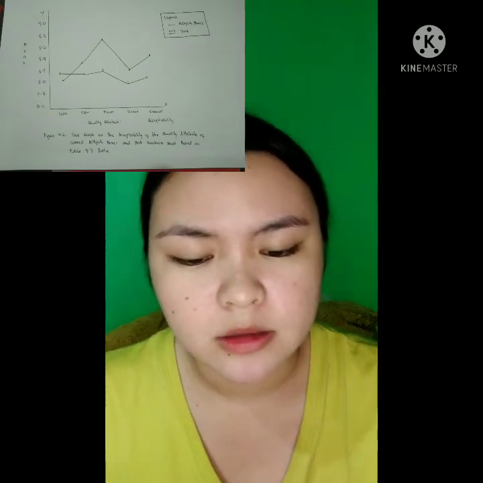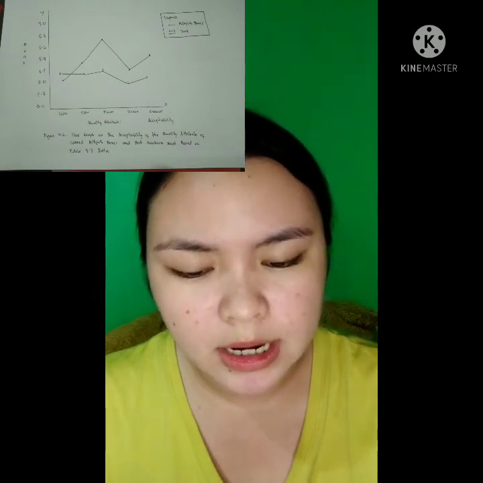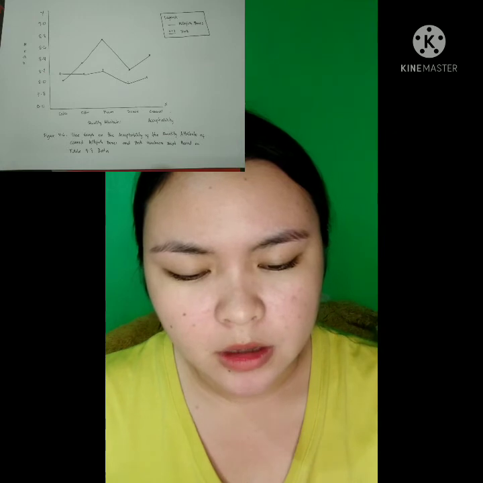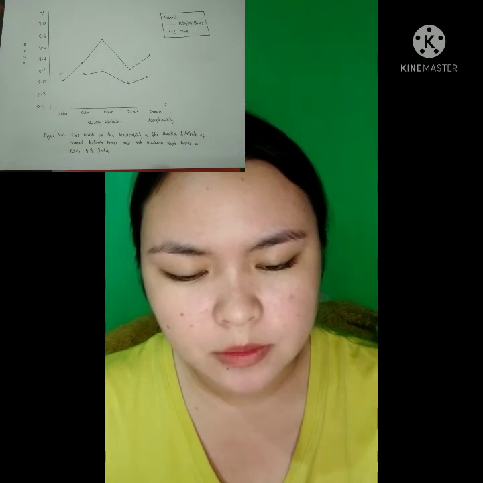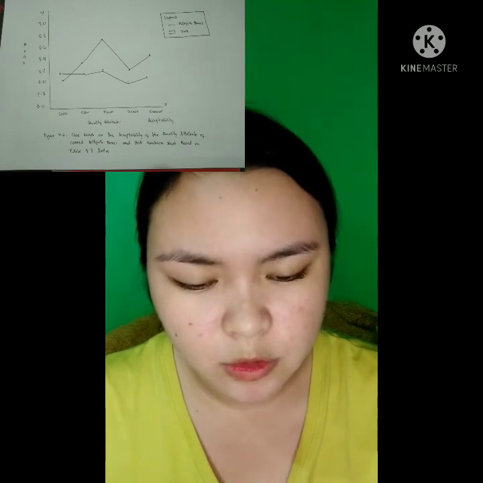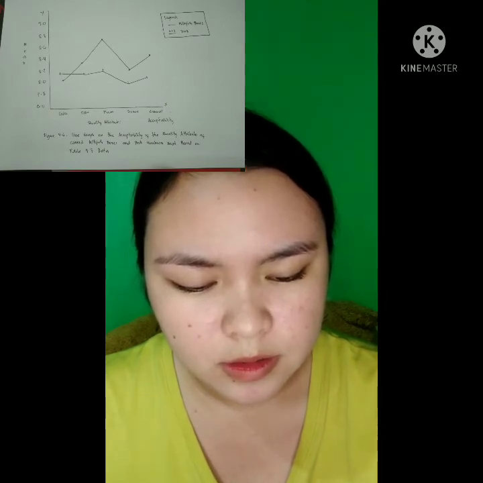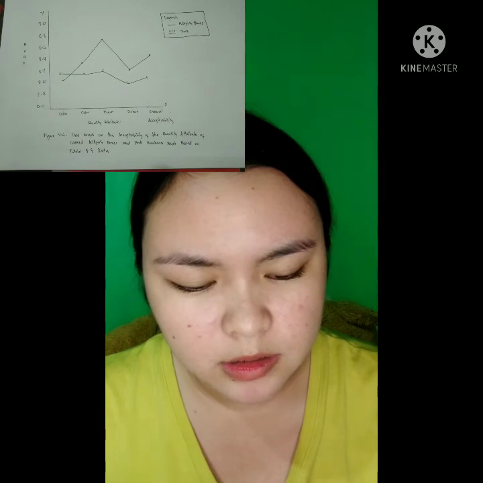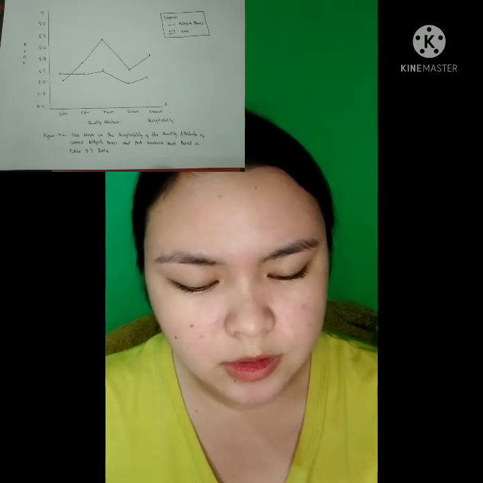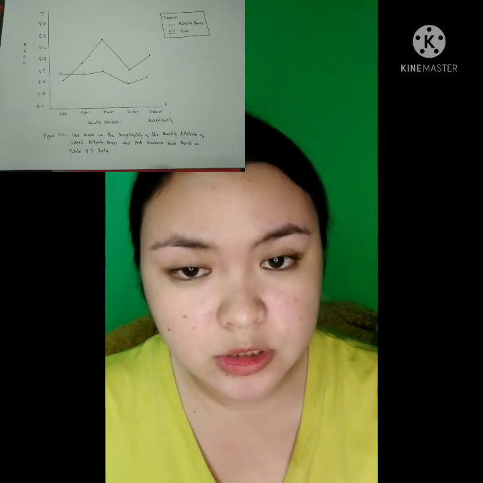At the y-axis, the vertical line, this is the percent given of the service, the percentage. And under the x-axis, these are the quality attributes. For example, color, odor, flavor, texture, general.